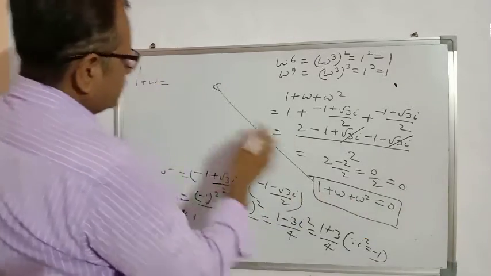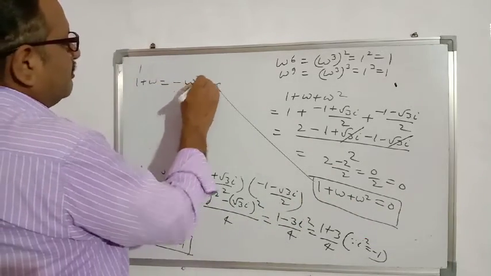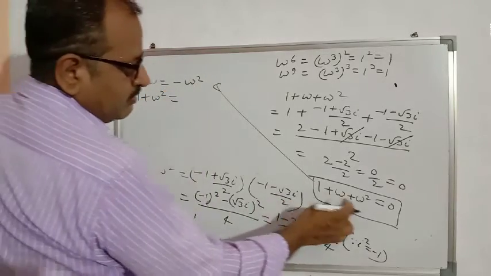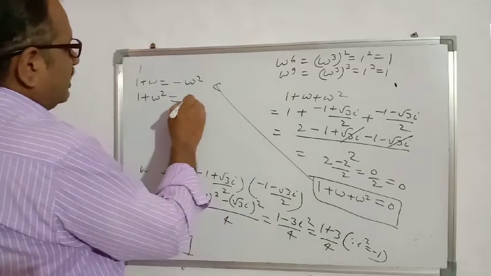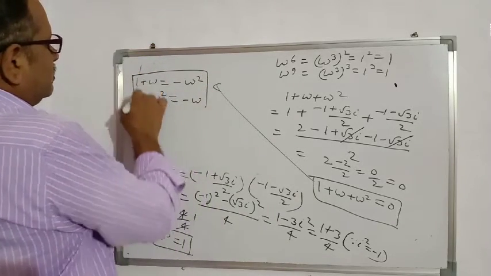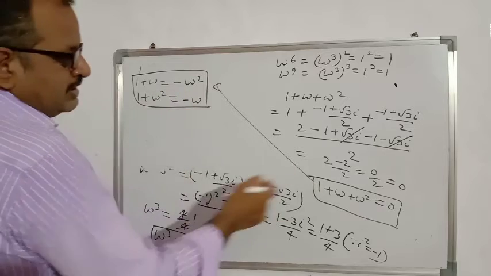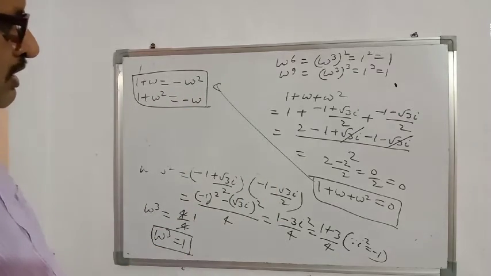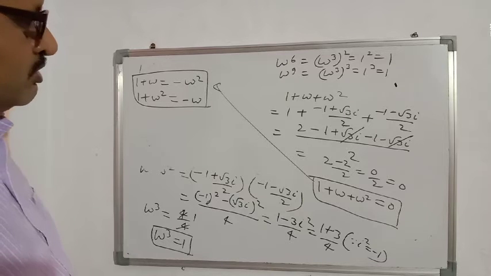If we transpose, 1 plus omega is minus omega square, and 1 plus omega square is minus omega. We can use these results when we solve problems related to the cube root of unity.